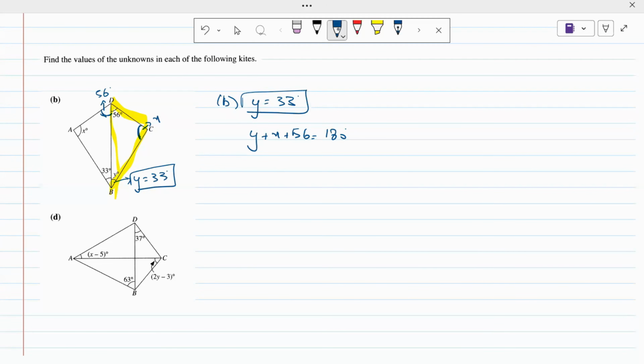Y value we have already found as 33. So 33 plus X plus 56 is equal to 180, and X is equal to 180 minus 33 minus 56, which is 91.